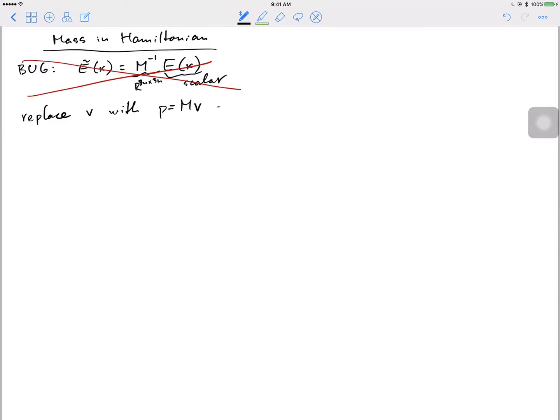And this p is called generalized momentum, or sometimes conjugate momentum. It's really nothing but a scaling of the velocities, okay? Because this M is still a 3n by 3n matrix, and v is still a 3n by 1 vector. We assume M can be anything, by the way, as long as it's symmetric and invertible.